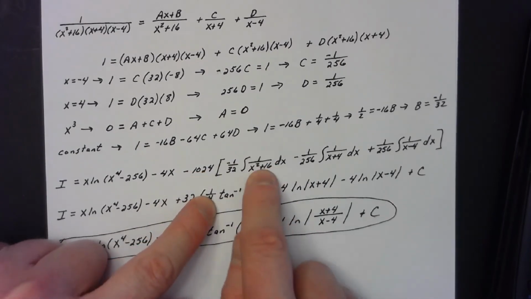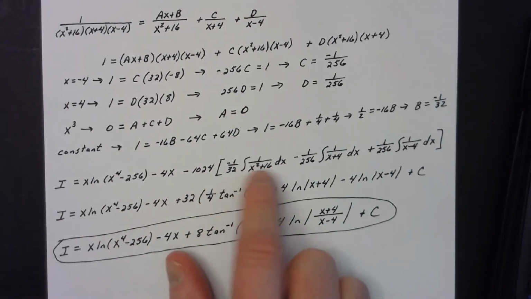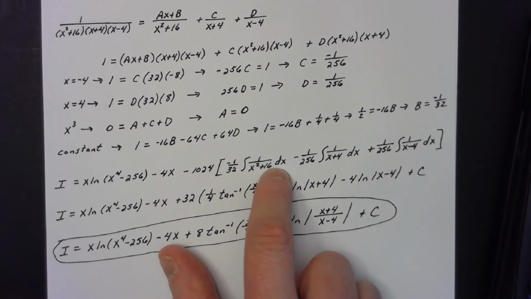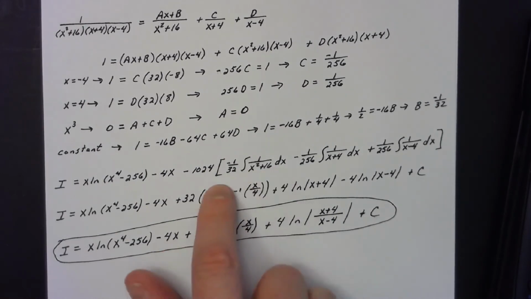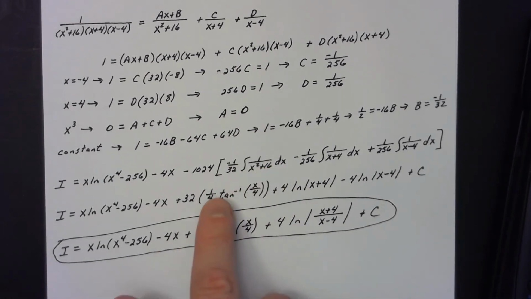Inside that integral, the integral of this portion is going to be 1/4 inverse tangent of x over 4, since A is 4 and a squared is 16. That comes from this part. And that 1/4 needs to multiply the 32 to give me the 8 in the next step.